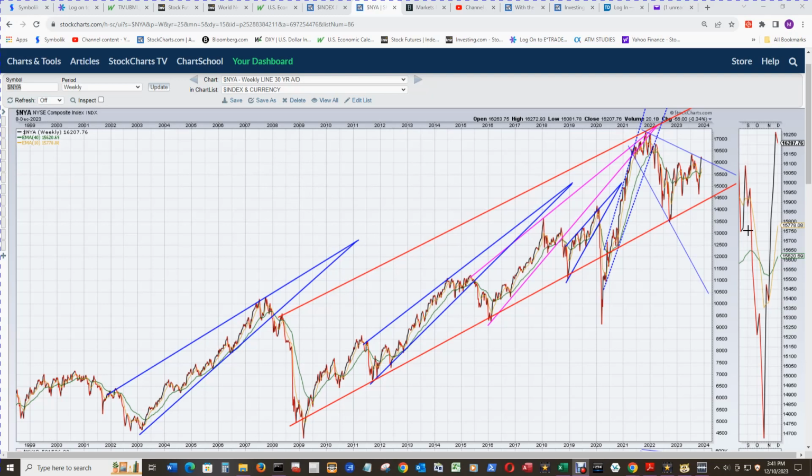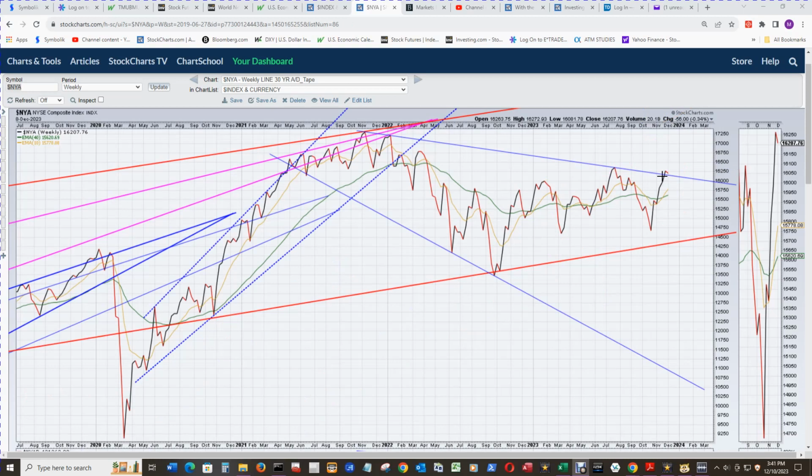And now we'll zoom into this area with the descending broadening wedge pattern there. And the NYA weekly has gone above the top line of the descending broadening wedge, which is a bullish move there, and this is actually a bullish pattern. You can see the floor here in red.